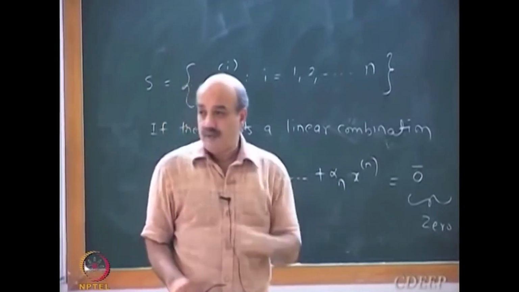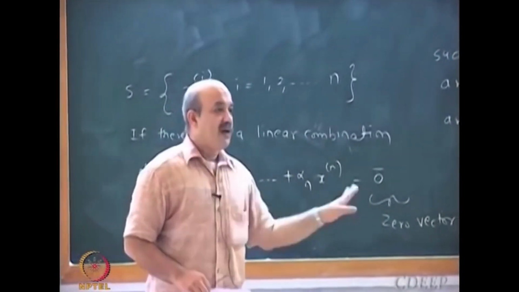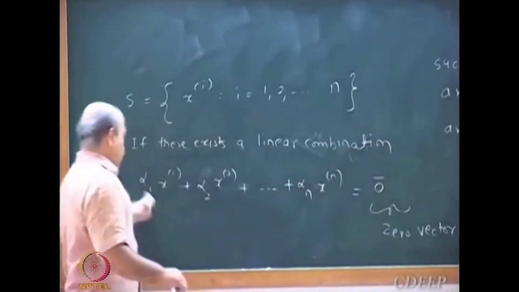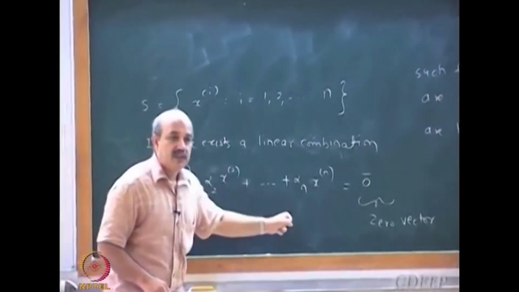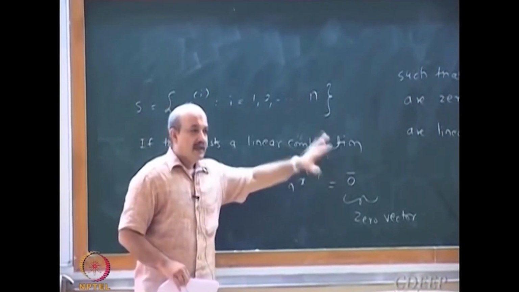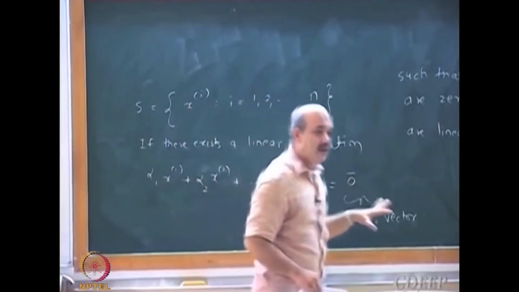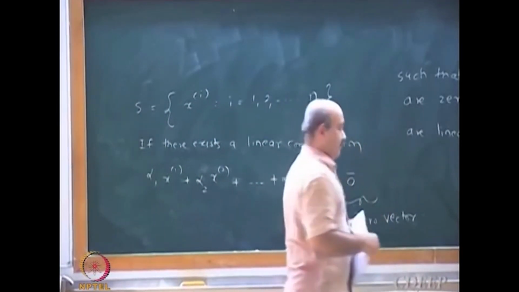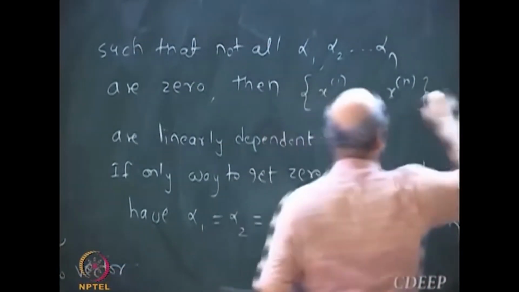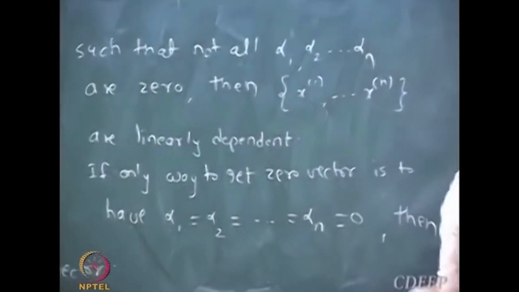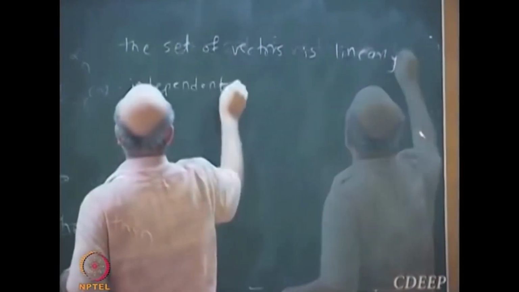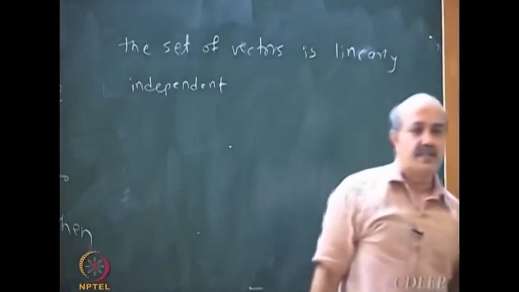Else, if you cannot find a non-zero combination, which means the only way to get a 0 vector is to put alpha 1 equal to 0, alpha 2 equal to 0, alpha 3 equal to 0, up to alpha n, all of them 0, then the set of vectors is linearly independent.